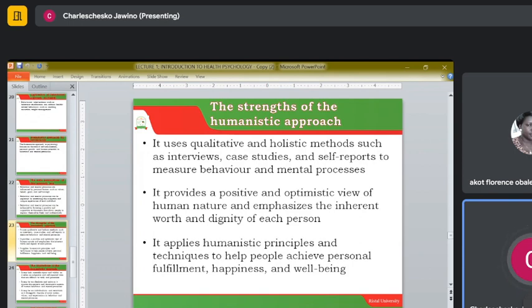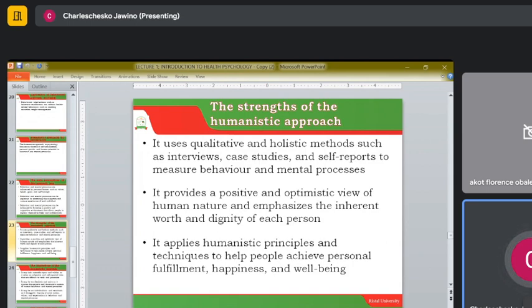Another strength is that it provides a positive and optimistic view of human nature and emphasizes the inherent worth and dignity of each person. What do you take yourself to be? What do you consider good on your side? How do you take yourself? Are you a boda boda rider? Are you a hard worker? Do you take yourself as a common person?